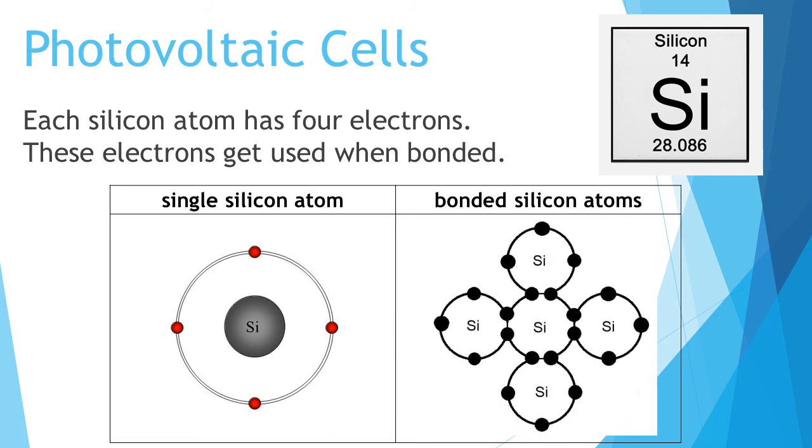Looks like this. Okay, you see each silicon atom has 4 electrons circling around it. Okay, now this is important because when they're bonded, these electrons aren't going to be able to move very efficiently. All right, they're stuck together. They need help in order to move, which will help us to create electricity. That's where the phosphorus and the boron come in.